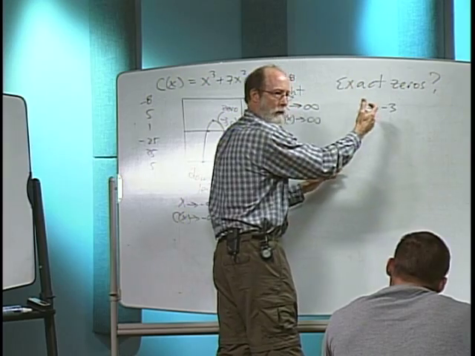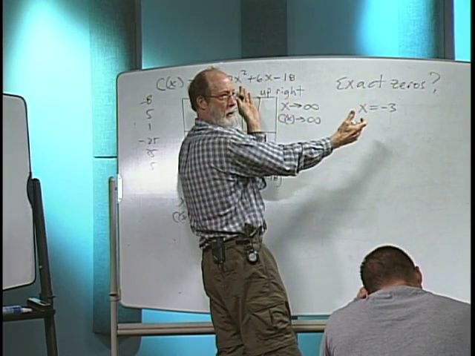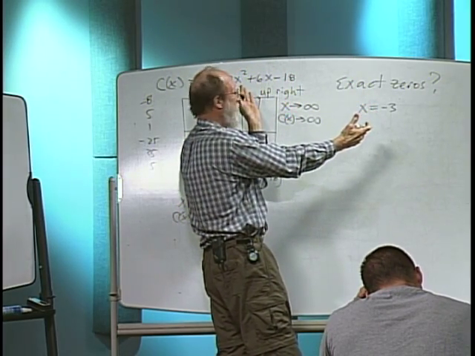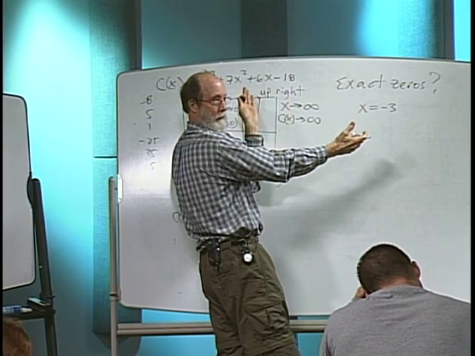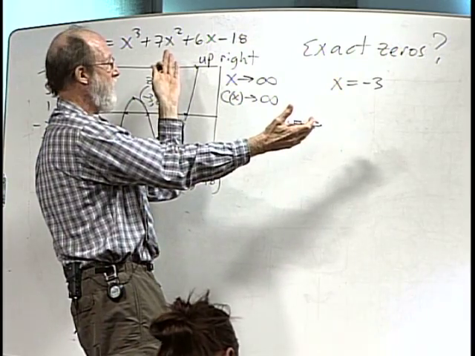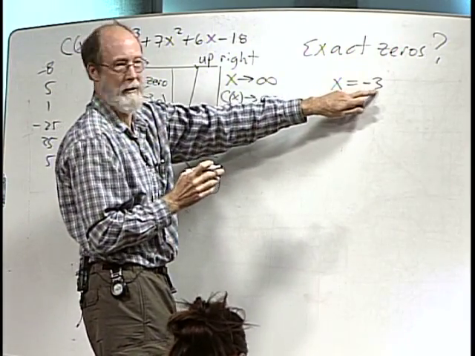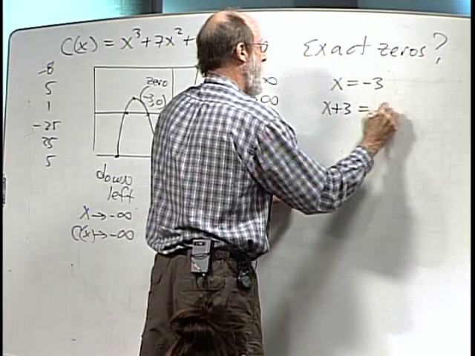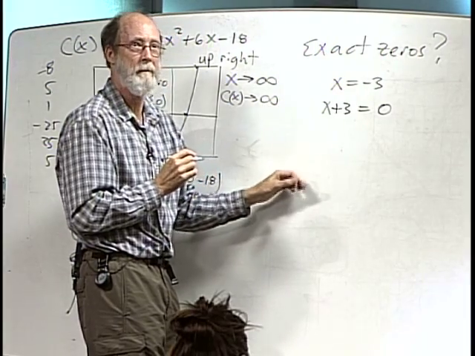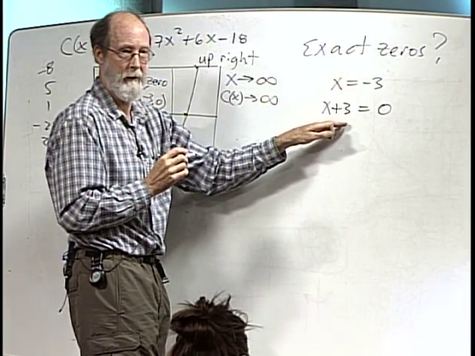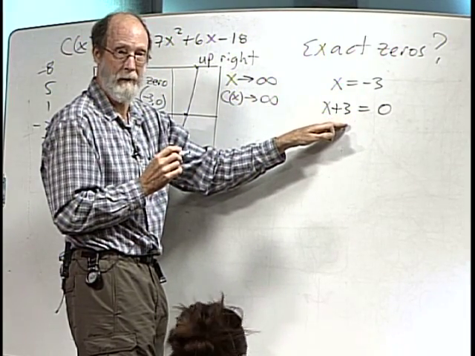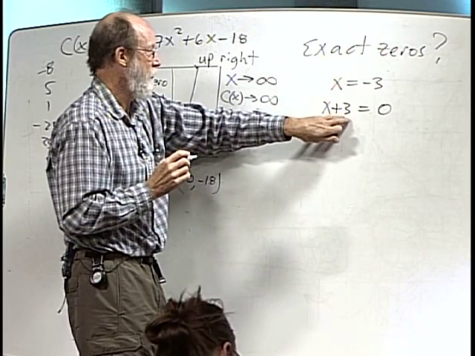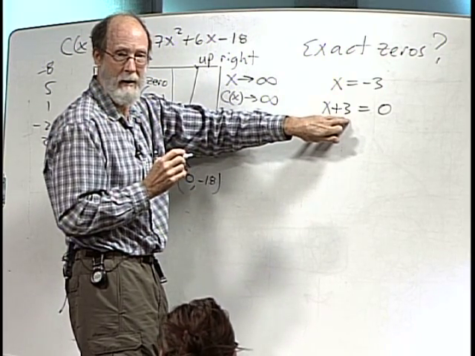What I'm showing you is how you take a general function that you don't know how to factor and how you can play with it to see if it's factorable. If you can find a nice, clean 0 like this, then notice that x plus 3 equals 0, right? So this potentially could be a factor.